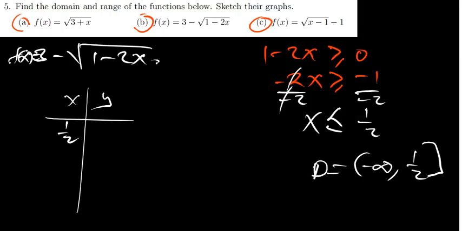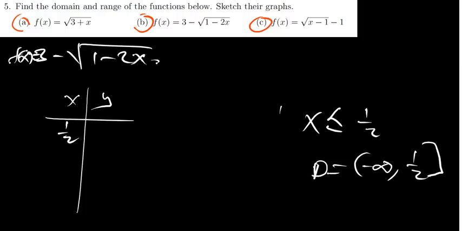But let me first do this. Allow me to get rid of this. Remember, we have y is equal to 3 minus the square root of 1 minus 2x.